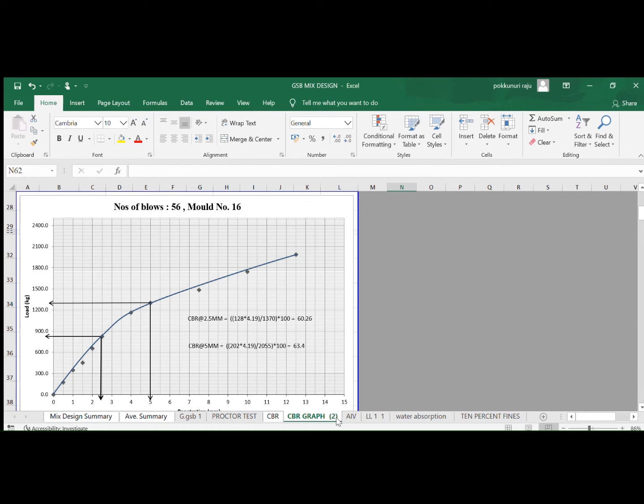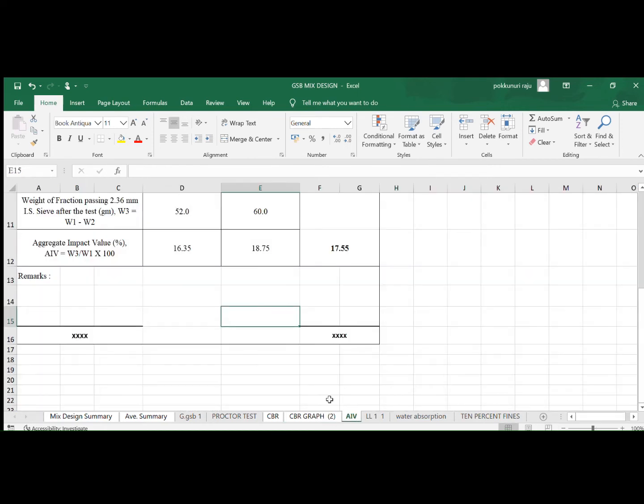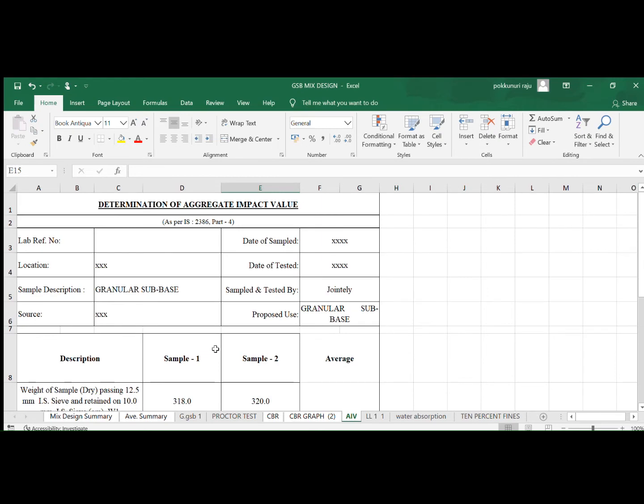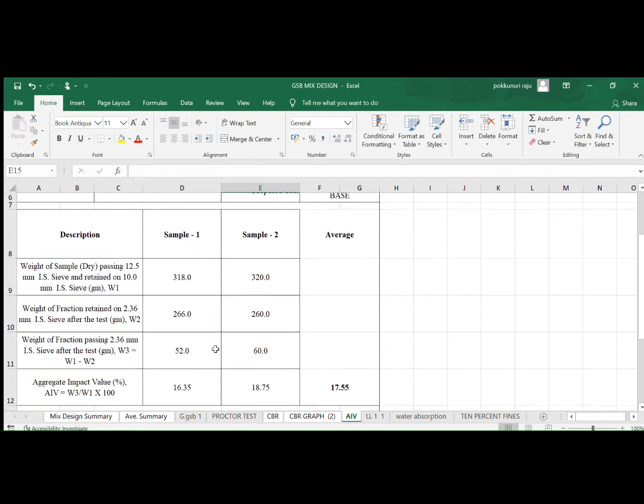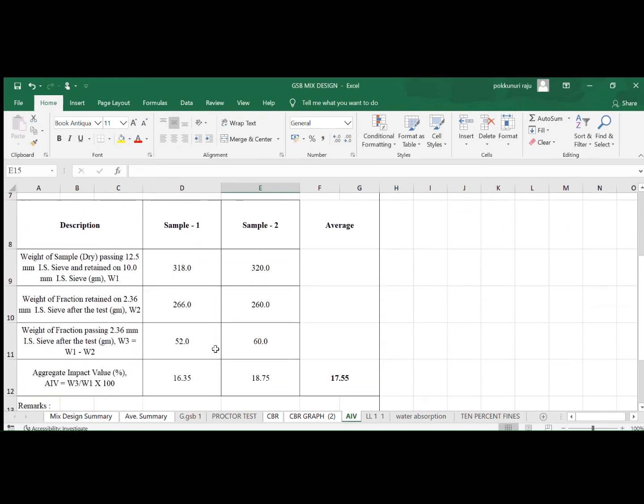Once you are done with the CBR test, the GSB material needs to be tested for aggregate impact value. The aggregate impact value is determined on an aggregate impact tester. The weight of sample passing 12.5 mm IS sieve and retained on 10 mm is used to do the test.